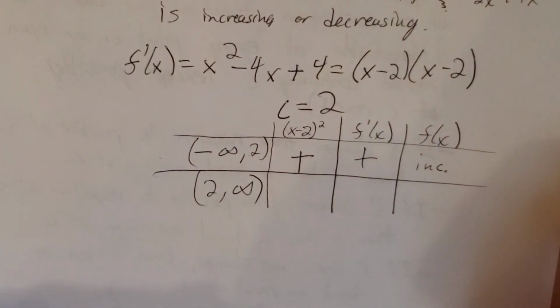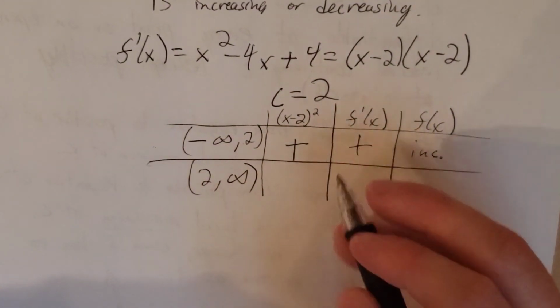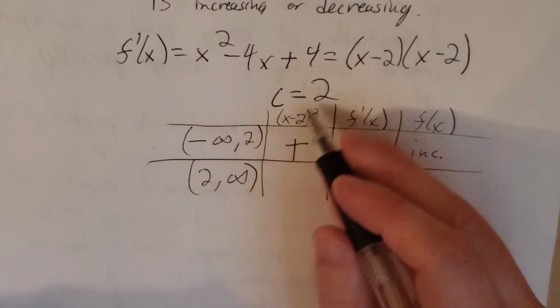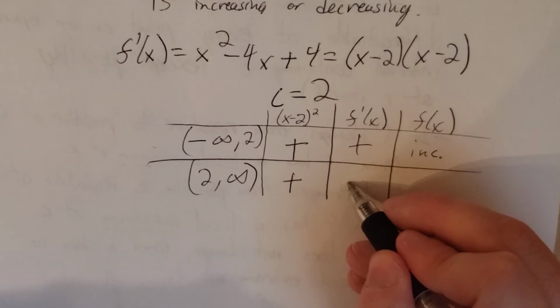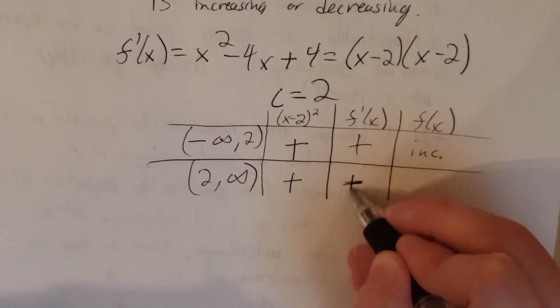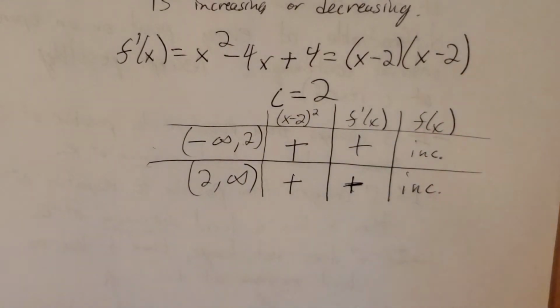And then we have 2 to infinity. All right, so let's plug in 5. That is positive here. This gives us that the derivative is positive, and so our function is increasing.